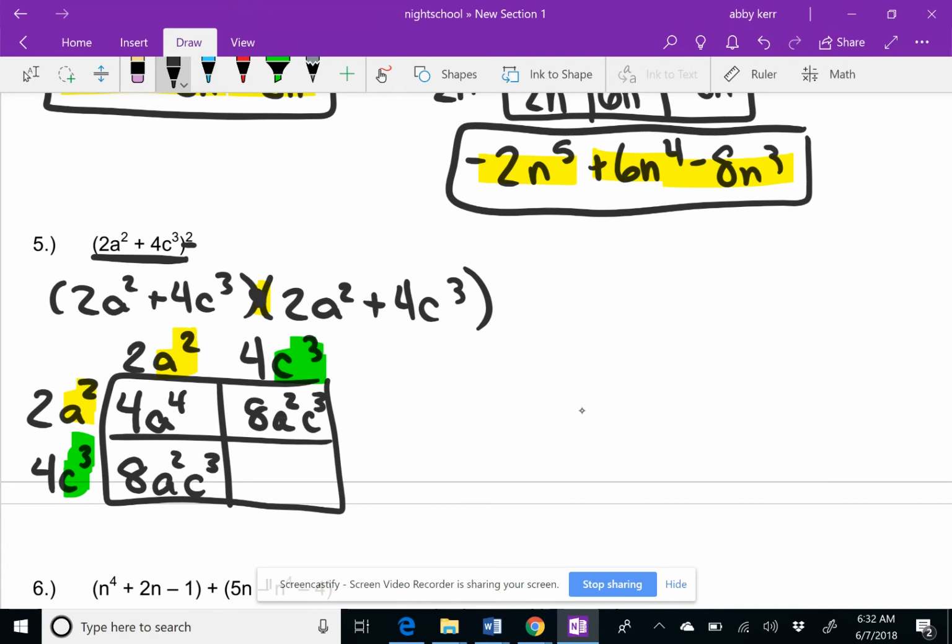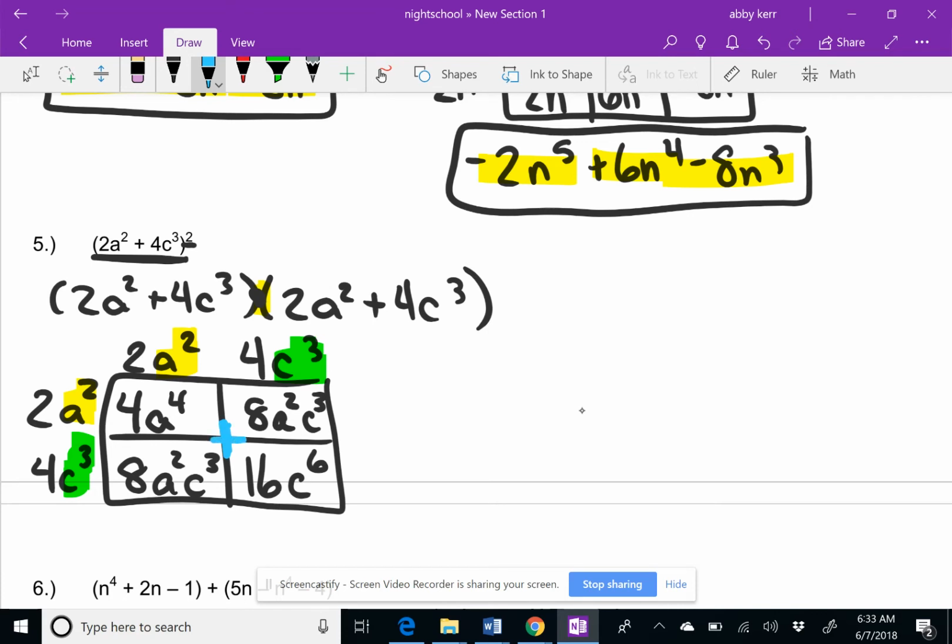And then notice that I have both c to the thirds. We can finally do something with that. So 4 times 4 is 16. And since we have the same variable, same base, we're allowed to add the exponents. So c to the third times c to the third gets you c to the 6.